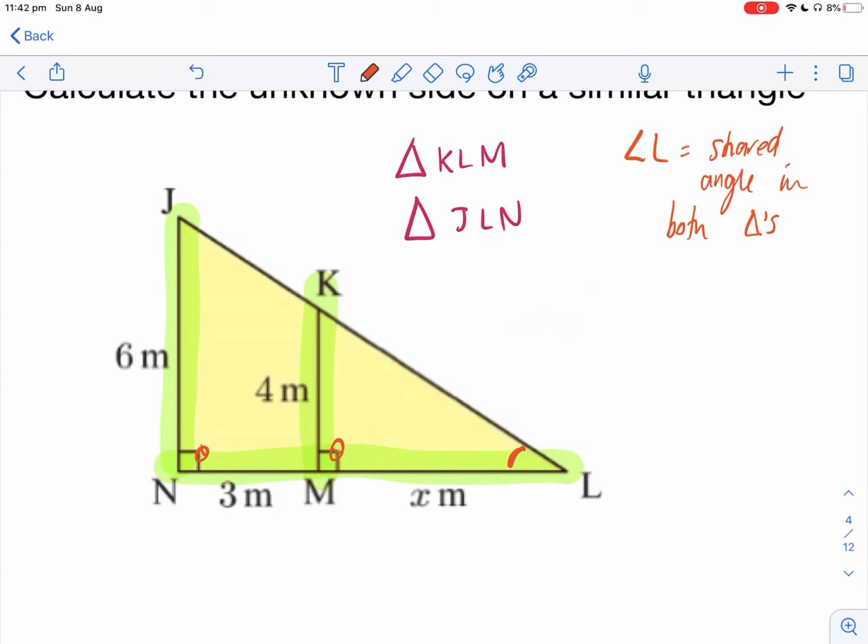So I would say angle N is equal to angle M, corresponding angles. Another reason we know that these 2 angles are the same is that they both have the symbol to say that they're 90 degrees.